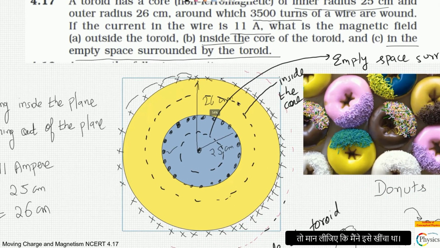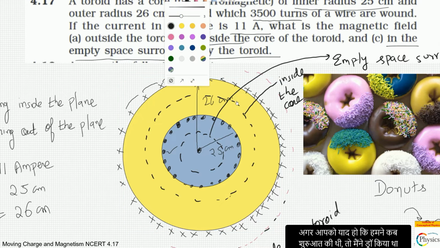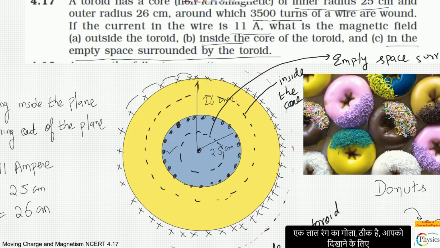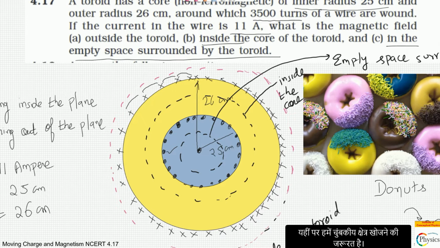If you remember, when we started, I drew a red color circle, to show you the region which is outside the toroid. What constitutes outside the toroid? So this is outside the toroid. This is where we need to find the magnetic field.